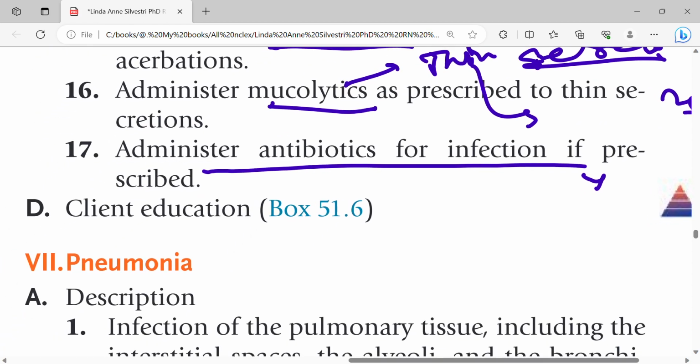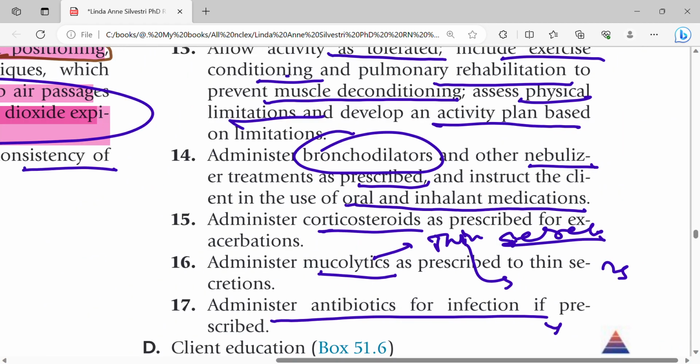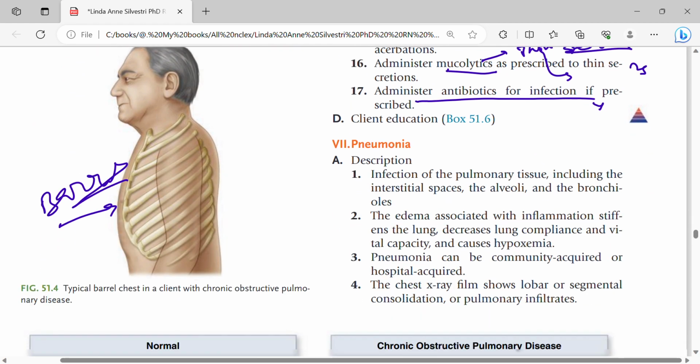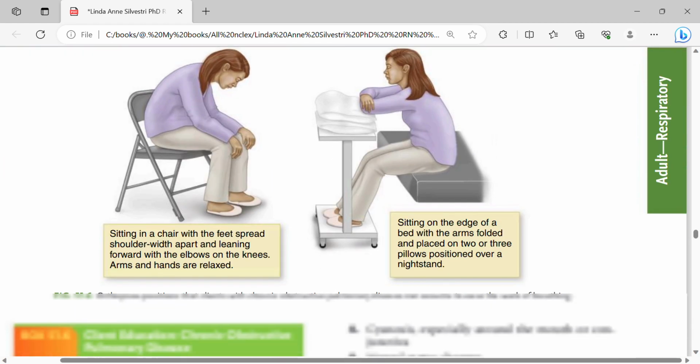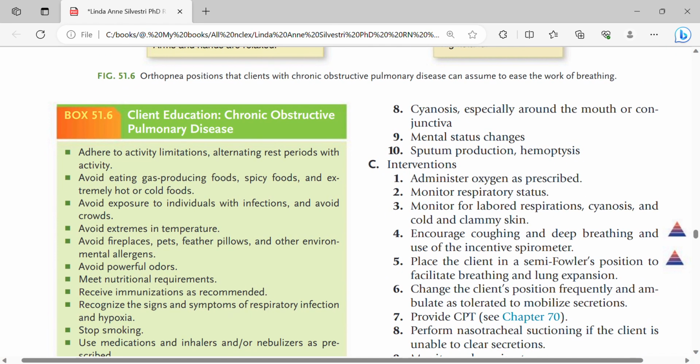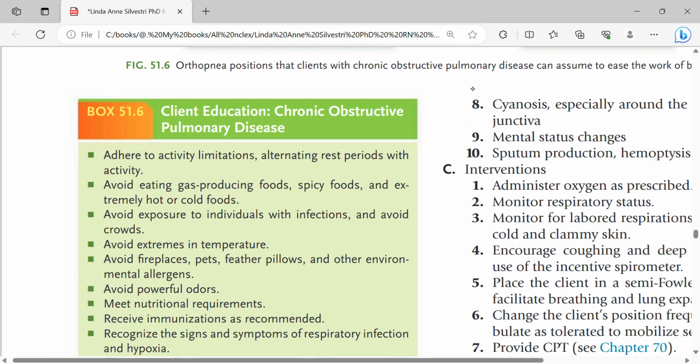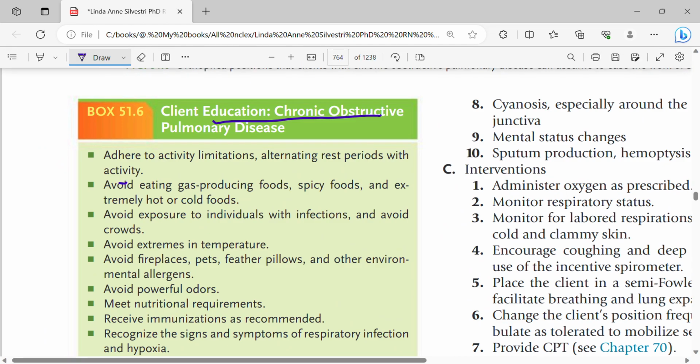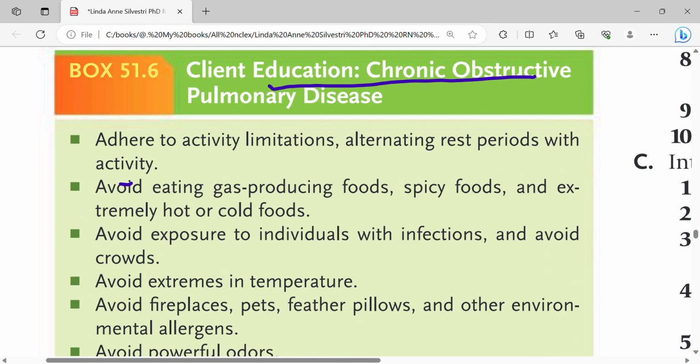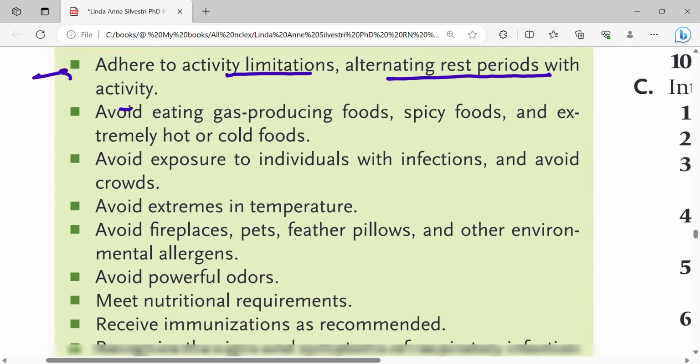Then client education. What will we teach the client? Client education for COPD: adhere to the activity limitations, alternating rest periods with activity.